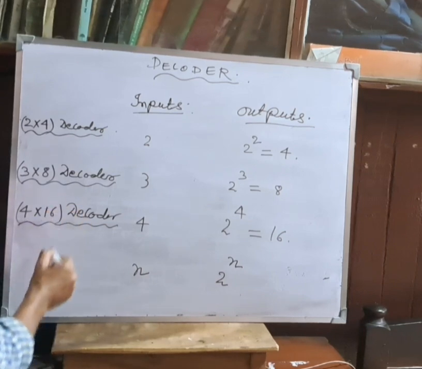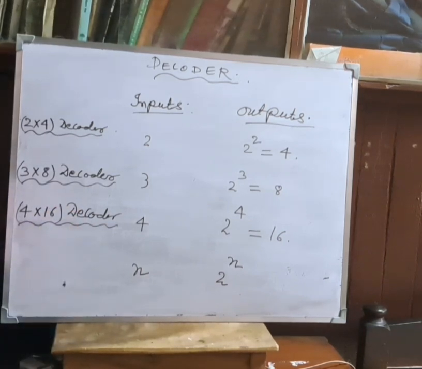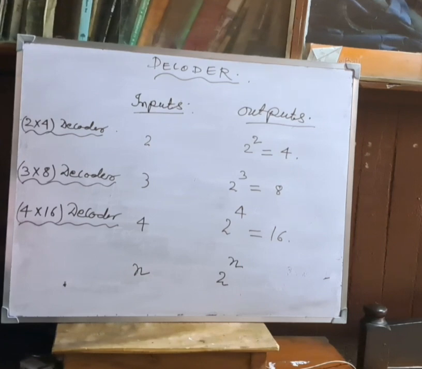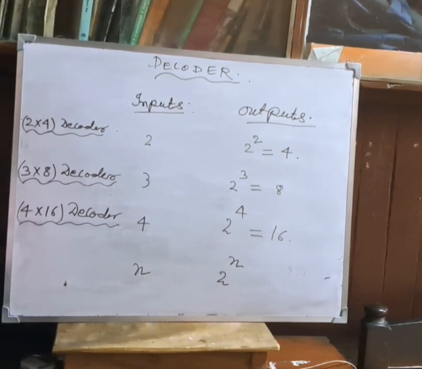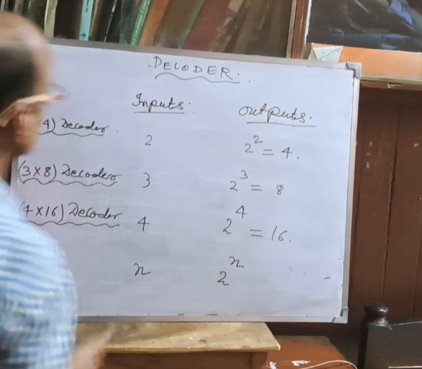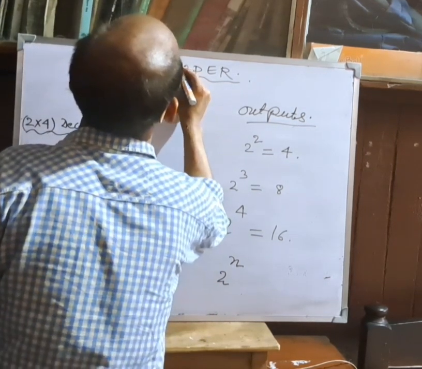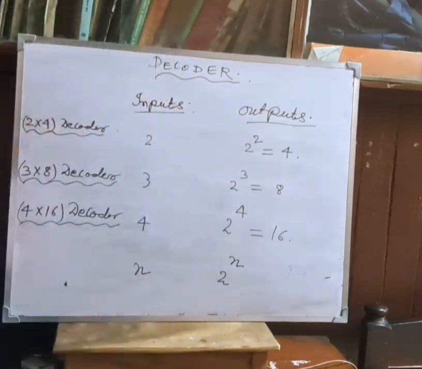And this is called 4 cross 16 decoder. That's all about the definition of decoder. This is called decoder.